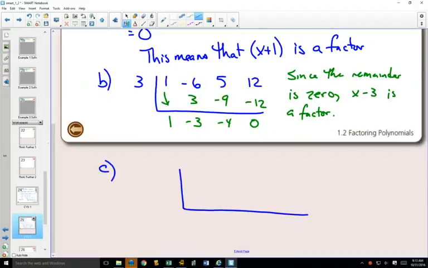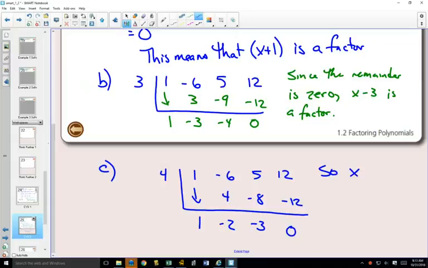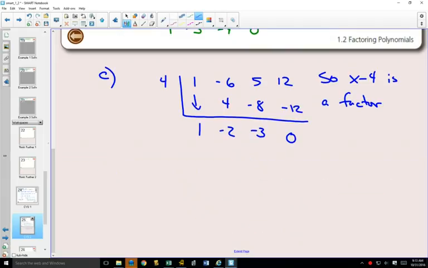Part C. Again, once we're getting to 4s, I think for sure that synthetic division will be faster than plugging it in. So bring down the 1. And we find out that x minus 4 is also a factor. Now, are all of these factors?